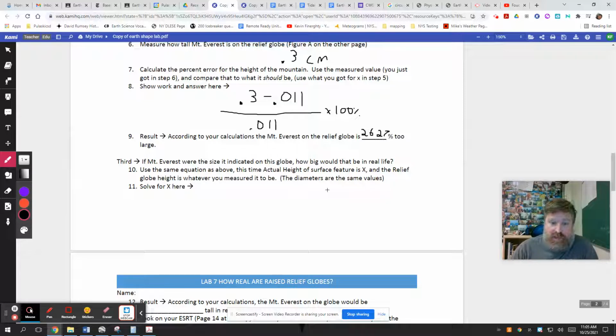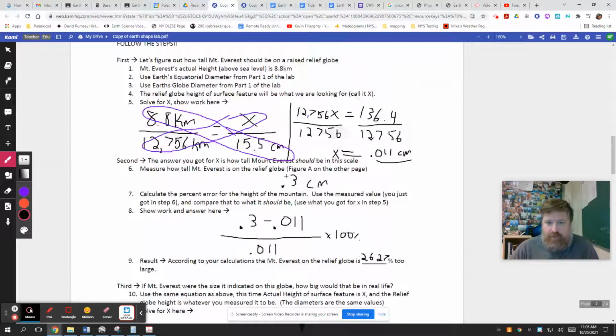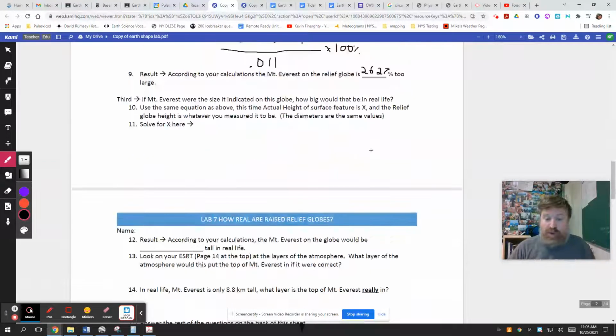So we're going to do the same thing again, hopefully a little faster. What it's going to do is say, all right, if I took this globe with its Mount Everest that's 0.3 centimeters large, and I blew the globe up to the size of the Earth, how tall would that Mount Everest end up being?